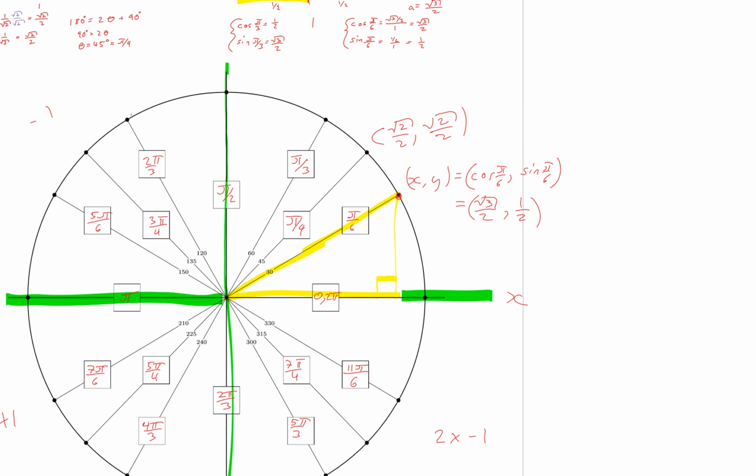And then for pi over 3, we need to know the x and y coordinates for the point. And so that's going to correlate again with cosine and sine of pi over 3. And so we already calculated that to be 1/2 and root 3 over 2.